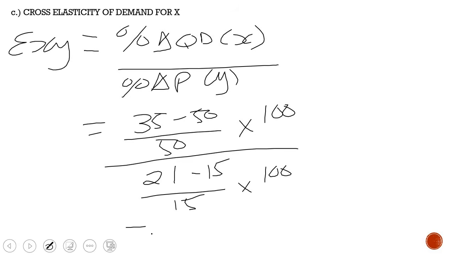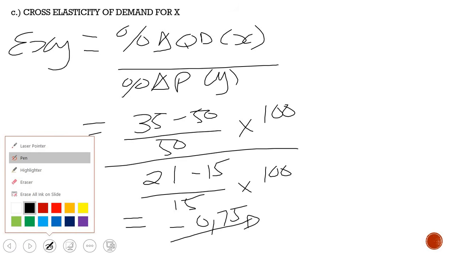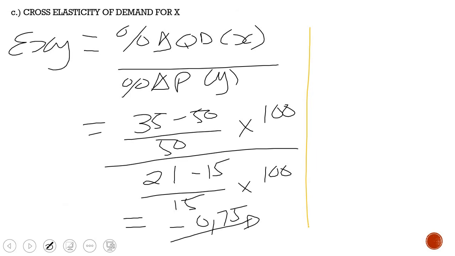And we get an answer of minus 0.75. Now again, our E of XY is negative. So when you have a negative E of XY, it means that this good is a complementary good.